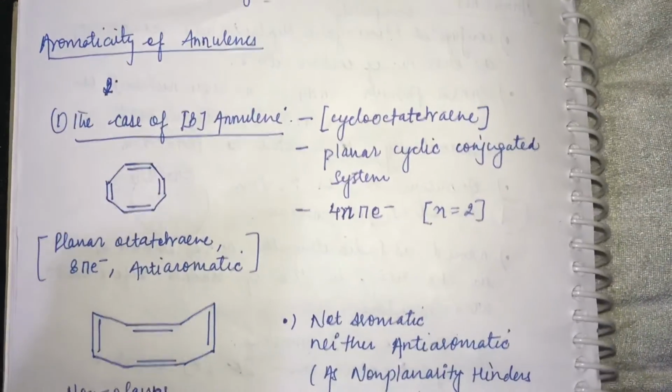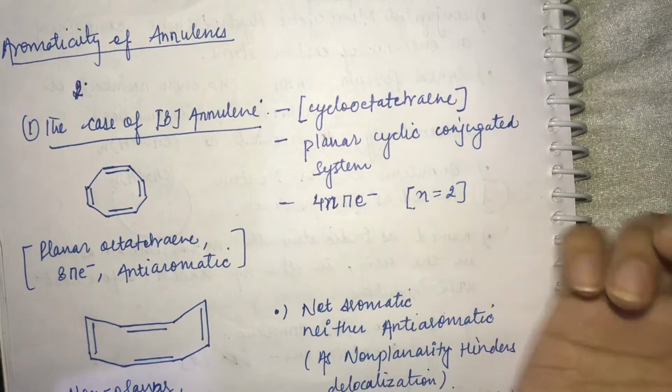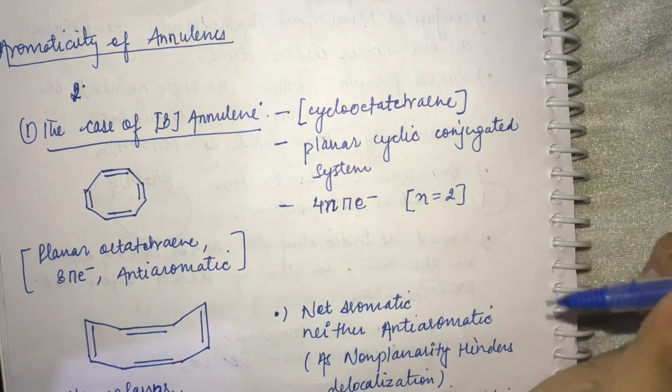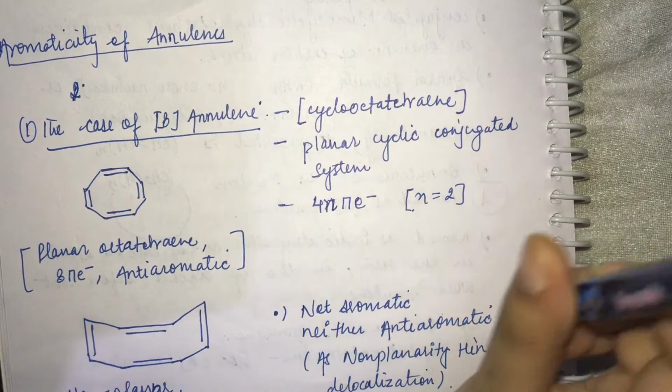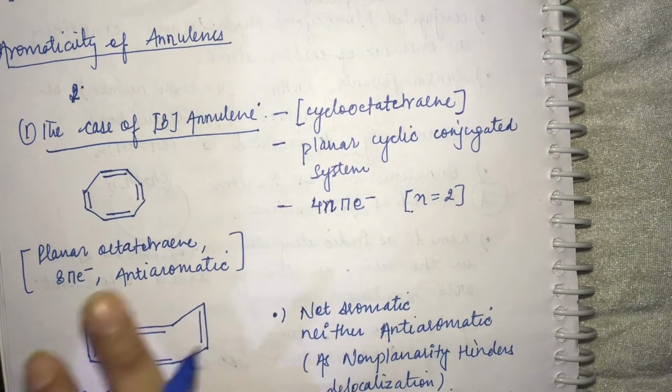Now we will talk about the aromaticity of annulenes. Annulenes could be aromatic, anti-aromatic, or non-aromatic. For example, we have 4-annulene, which is cyclobutadiene, which is anti-aromatic, which I have explained on the previous page.